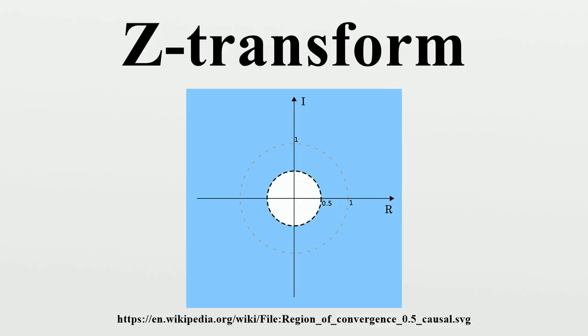Relationship to Fourier series and Fourier transform. For values of z in the region |z| equals 1, known as the unit circle, we can express the transform as a function of a single, real variable, omega, by defining z equals e^(jω). And the bilateral transform reduces to a Fourier series, which is also known as the discrete-time Fourier transform of the x[n] sequence.